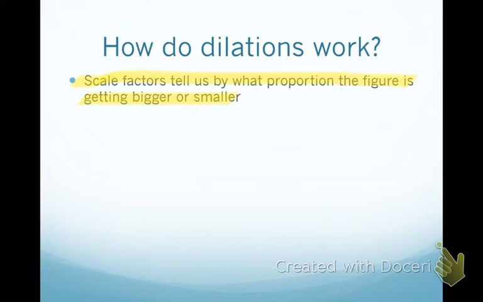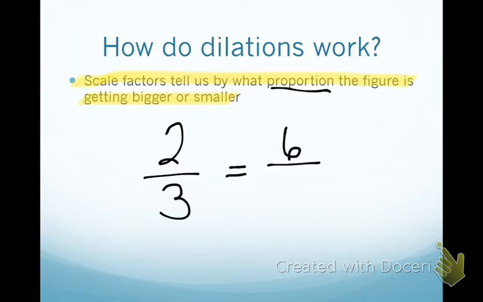What is this word proportion? I seem to remember a proportion, like maybe 2/3 and 6/9. How could I tell whether or not this is a proportion? So a proportion is two ratios that are set equal to each other, but they have to be the exact same ratio.